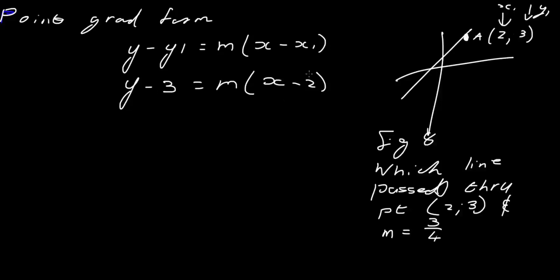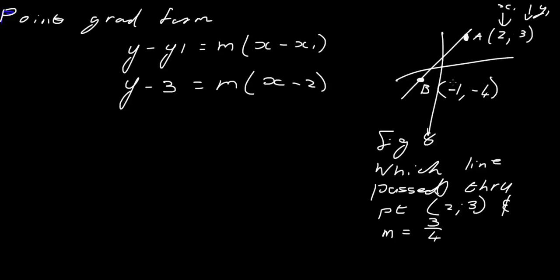We've used the point. Now it's important to note, say you had a line and they gave you the points, let's call it (-1, -4). If they gave you 2 points, you could use either for x1 and y1, but they must belong to the same ordered pair.